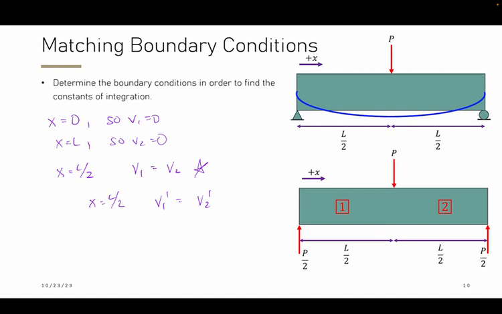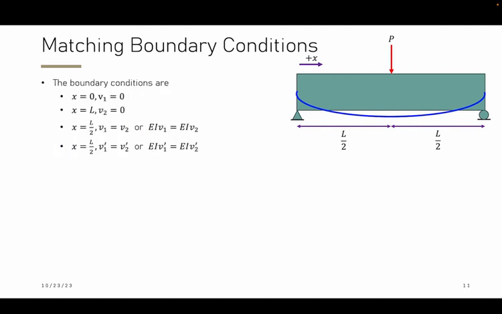Additionally, since the EI, which is our rigidity, has been carried along the length of the beam as well, these can also be written as matching boundary conditions. So this is EIV1 is equal to EIV2, and EIV1 prime is equal to EIV2 prime.